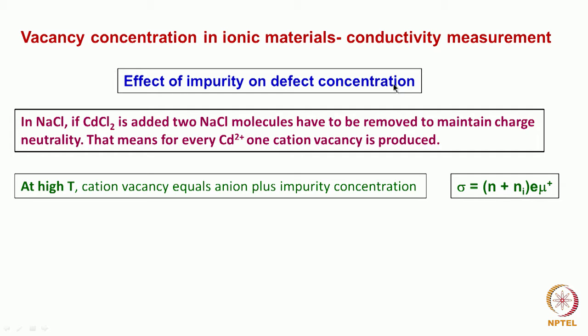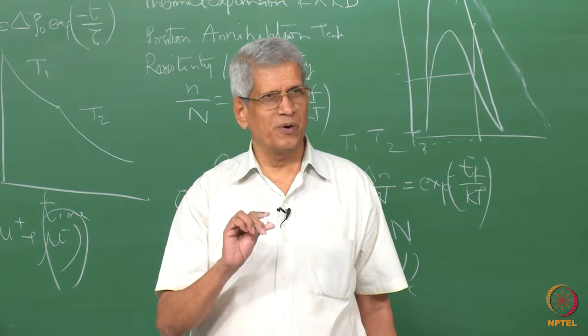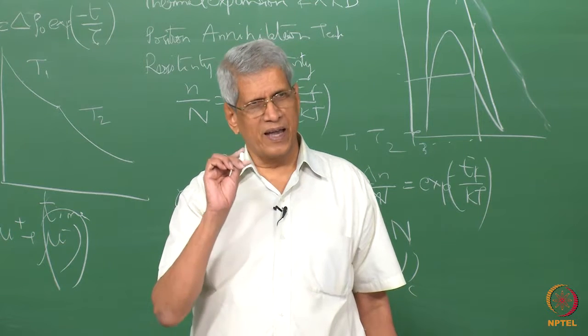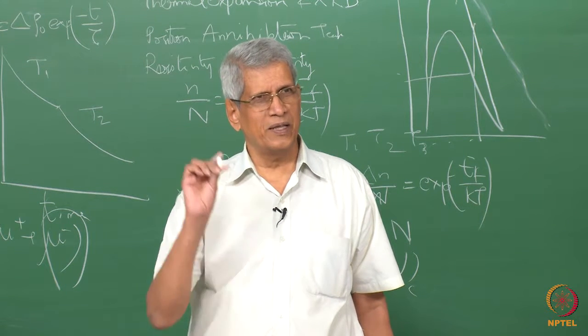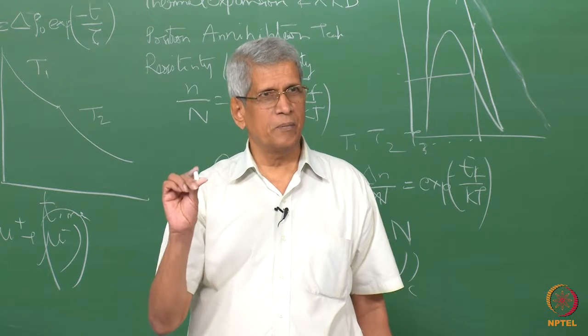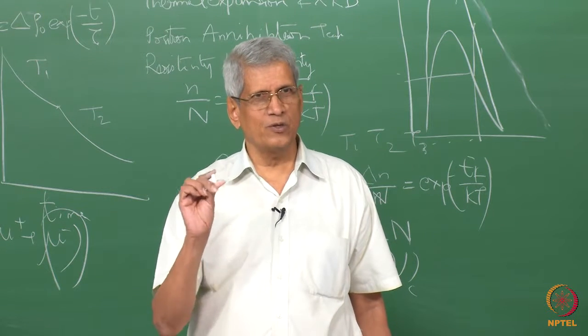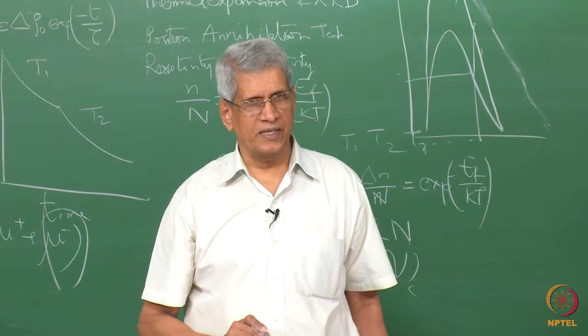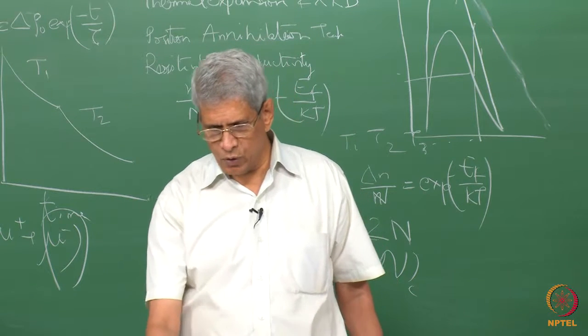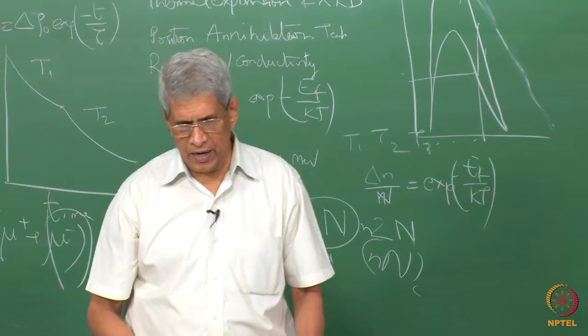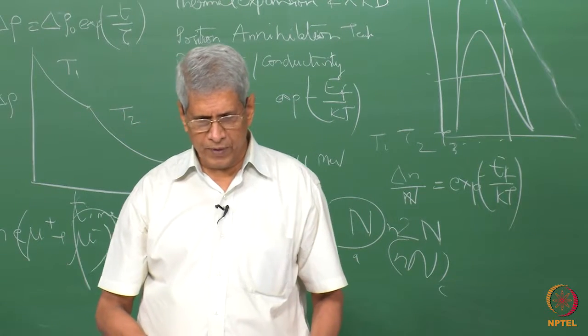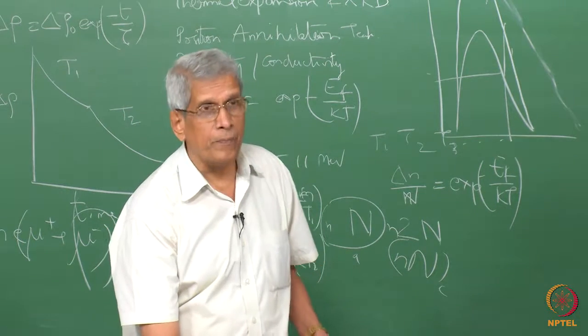So, the contribution to conductivity is going to come from two terms, one due to the cation vacancy which is generated by the impurity, and another due to a defect which is created in the lattice. Okay. So, the conductivity will turn out to be this sort of an expression.